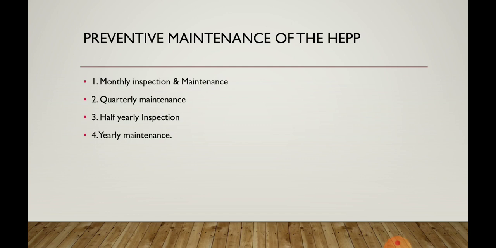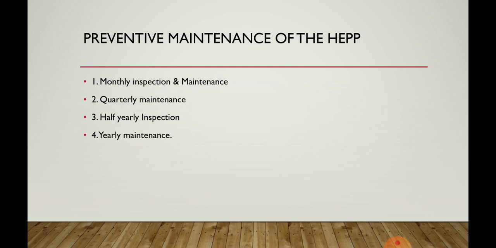The third type of maintenance is half yearly inspection. In half yearly inspection, generally all gauges are checked, the guide vane should be checked, the governor mechanism should be checked, and all types of pipe connections should be inspected and checked. The last one is the yearly maintenance.